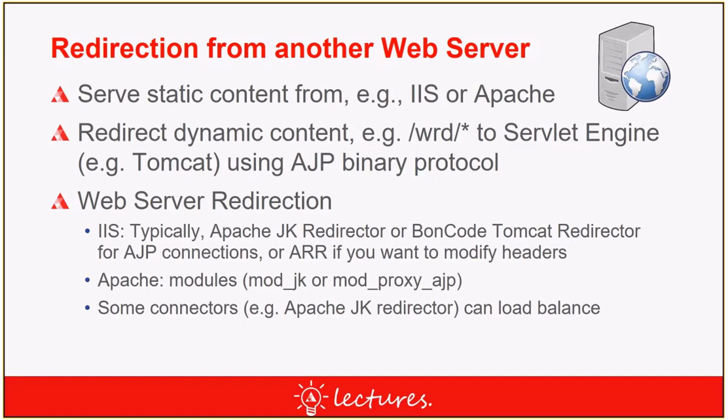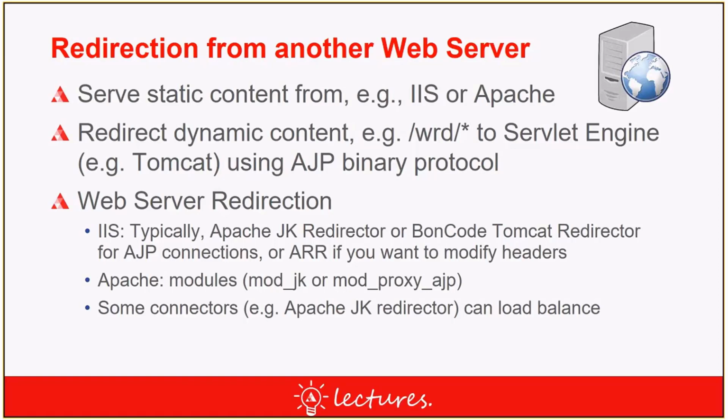Again, this is using fairly standard technology, and so there's plenty of information out there on doing it. But the quick summary is that they typically use the AJP binary protocol to reduce the overhead of that extra hop. And obviously we're adding a slight overhead if you've got a low load, but the idea is that by having multiple servers, if the load increases, we're actually splitting the load, therefore improving the performance.